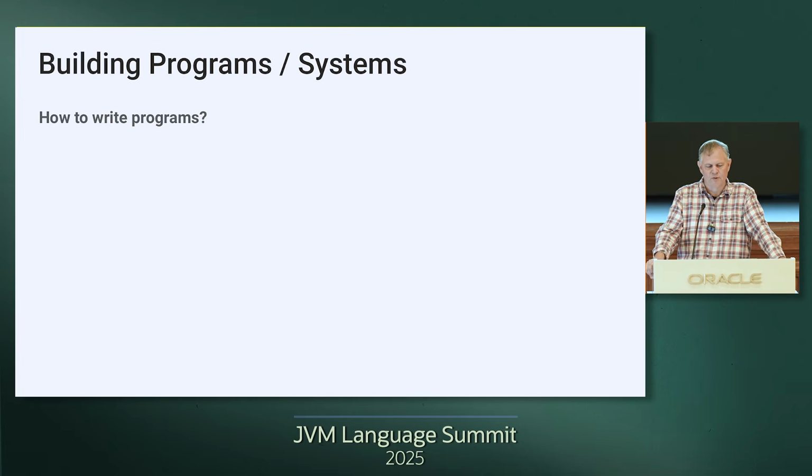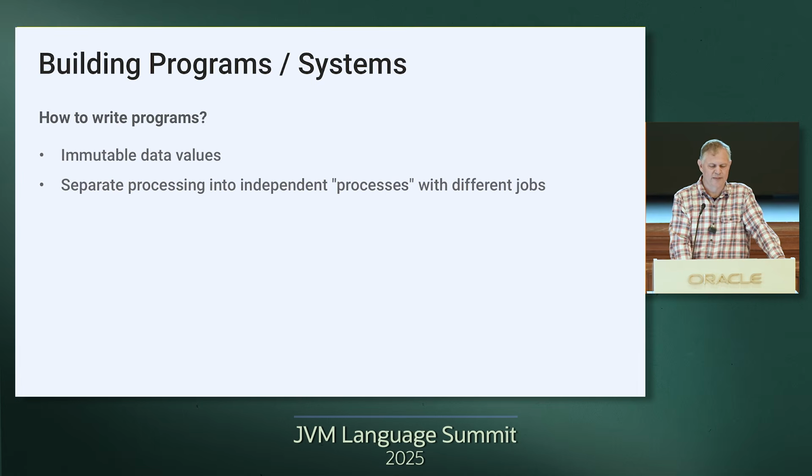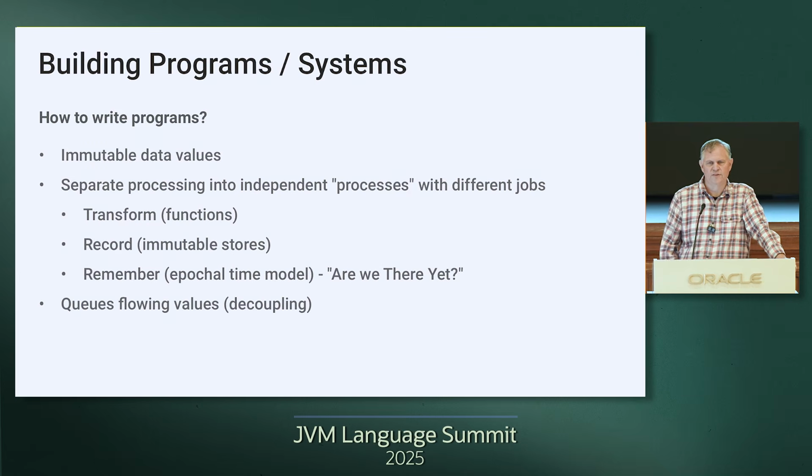How do we build and write programs? The way that we build them is to start with immutable data values, and separate processing out into different processes with different jobs. We need to do several different kinds of jobs.